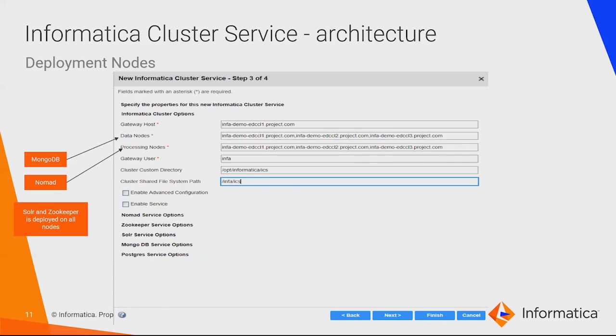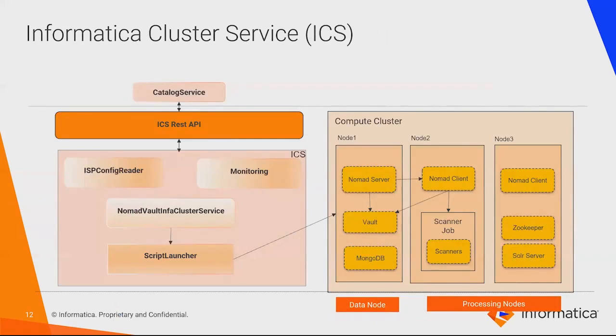The processing nodes will be the Nomad processing nodes where the actual scanners will be running. So where does the cluster service sit? The cluster service will sit underneath the catalog service. So the catalog service will communicate directly with the Informatica Cluster Service in order to launch any jobs on the cluster.